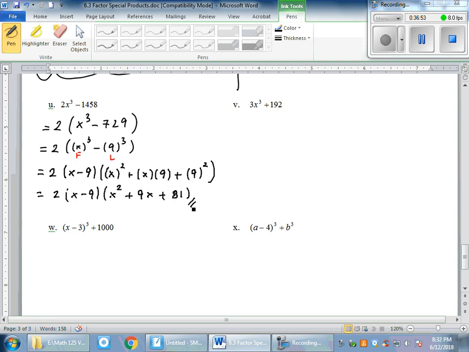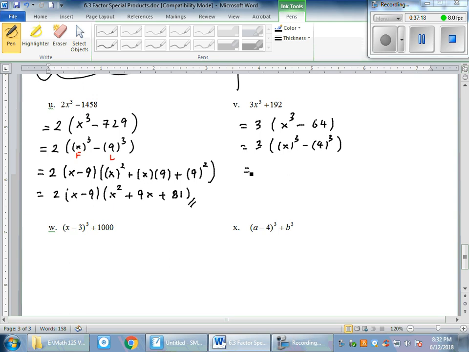Similarly, next one, factor out the greatest common factor, 3. This will become x to the third minus 192 divided by 3, which will be 64. And we know that 64 is a perfect cube number, right? Which is 4 to the third power.